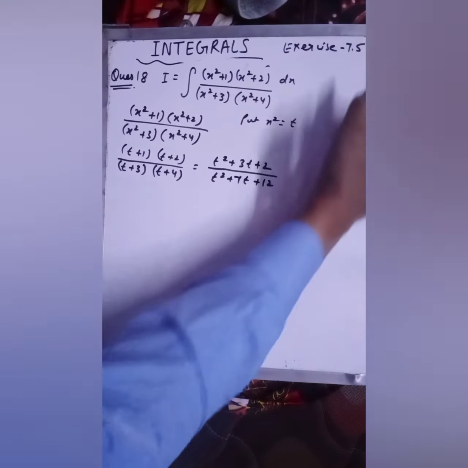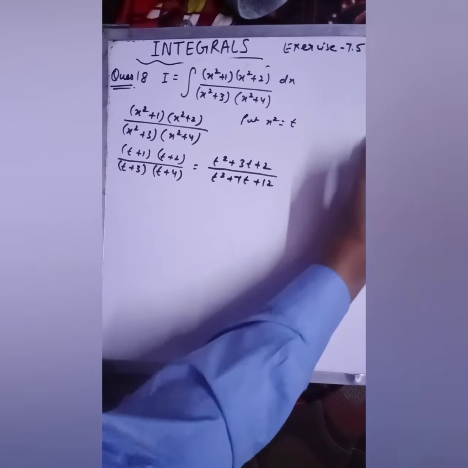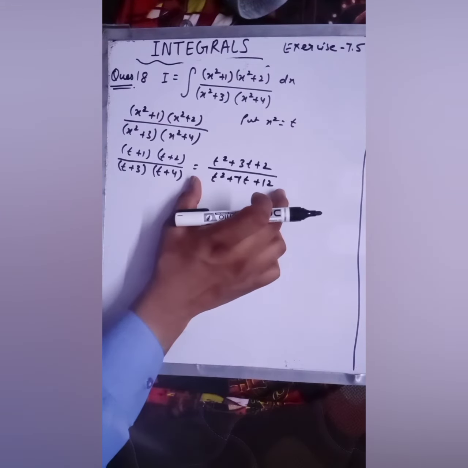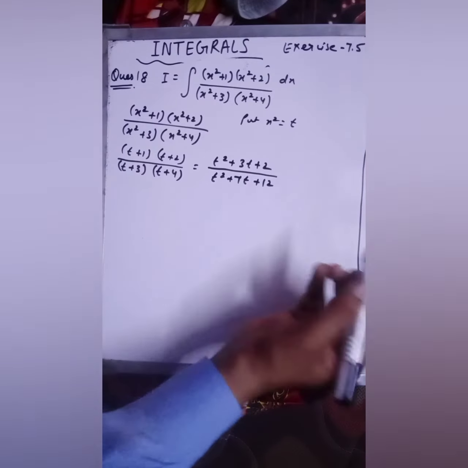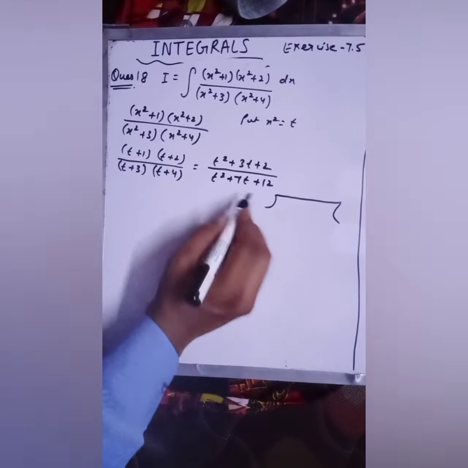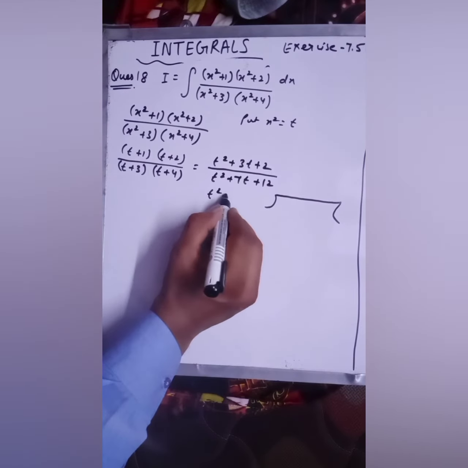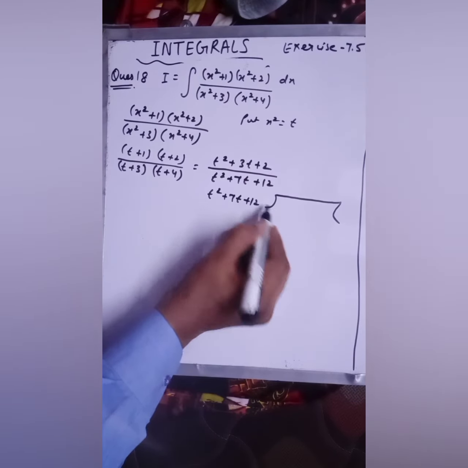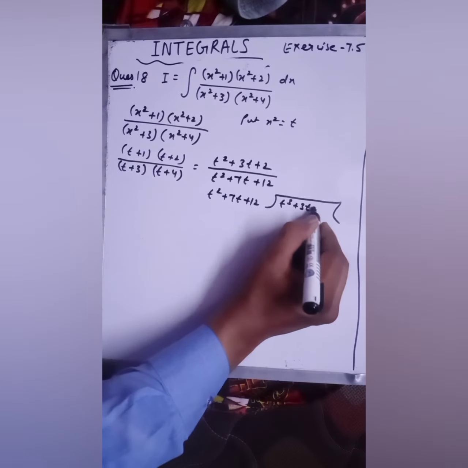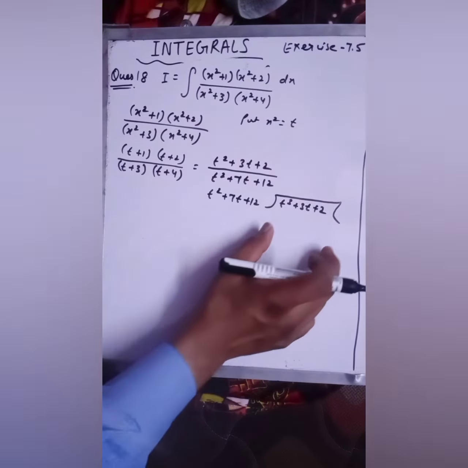Okay, after that, see what you will do. Now you have to divide these two. Fine. So here I am dividing it. t square plus 7t plus 12 will be outside and this will be inside of this divide sign.